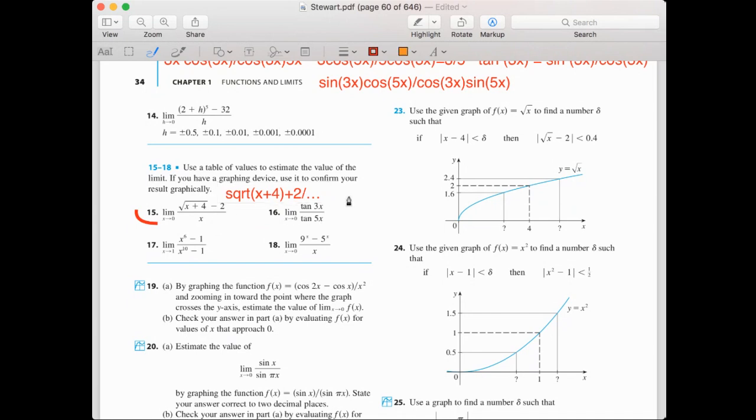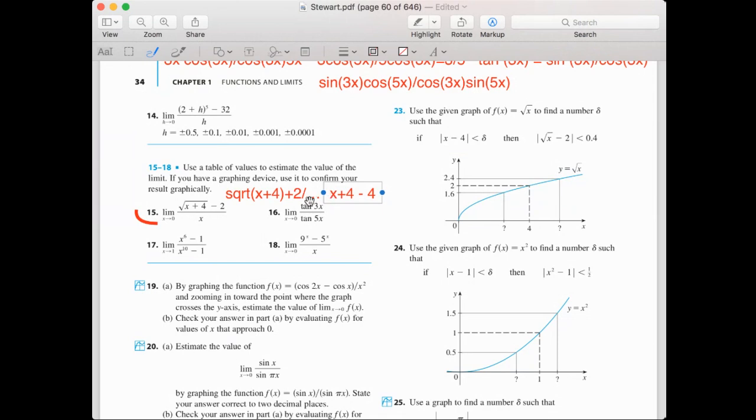After we do that, the numerator becomes the square of the square root of x plus 4, which is just x plus 4, minus 4. So x plus 4 minus 2 squared, which is 4, which just becomes x.